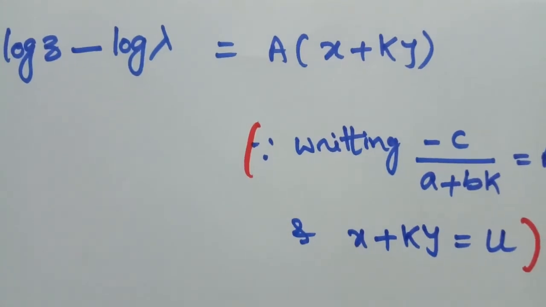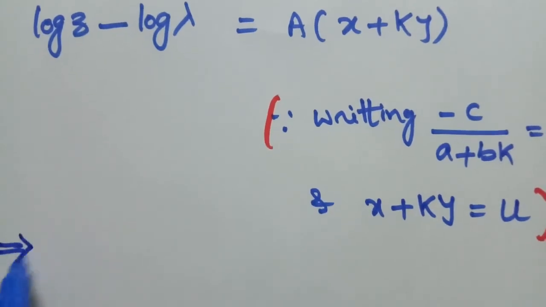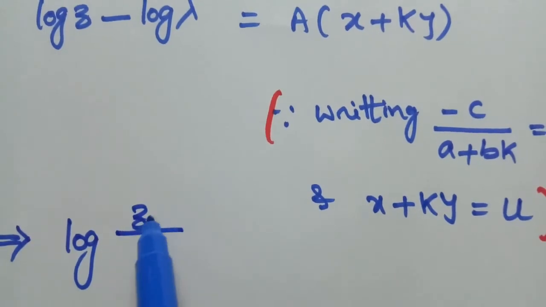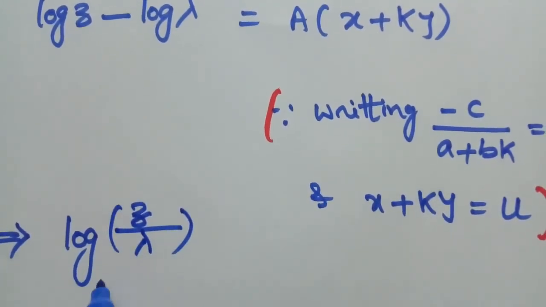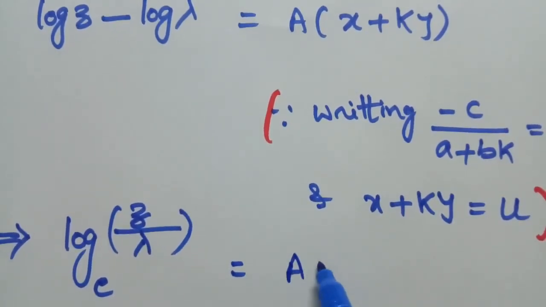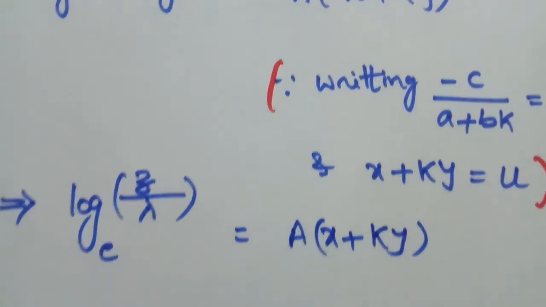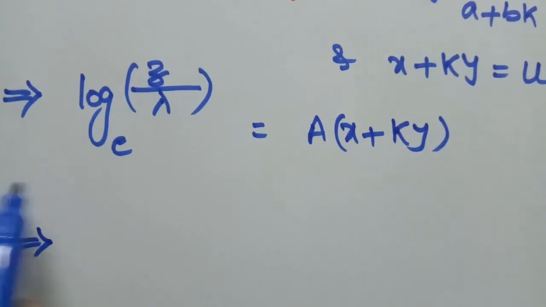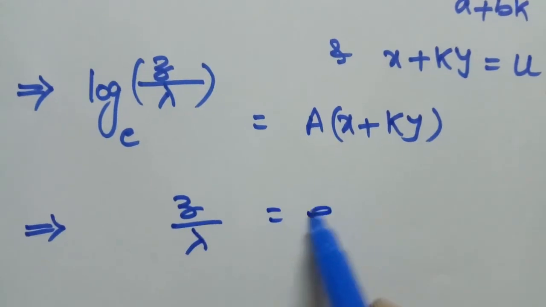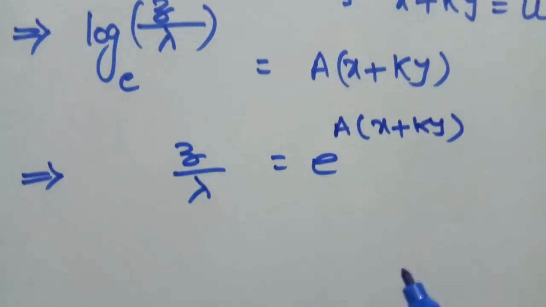Therefore log z minus log lambda can be written as log of z by lambda to the base e is equal to a into (x plus ky). Again this can be written, by using the definition of logarithm, z by lambda is equal to e to the power of a into (x plus ky).